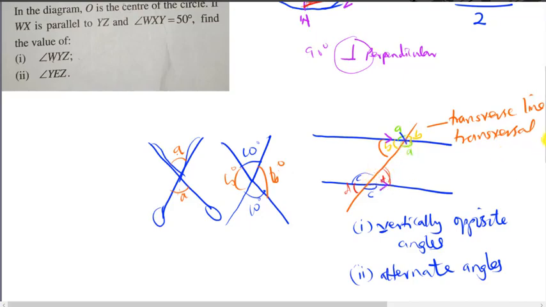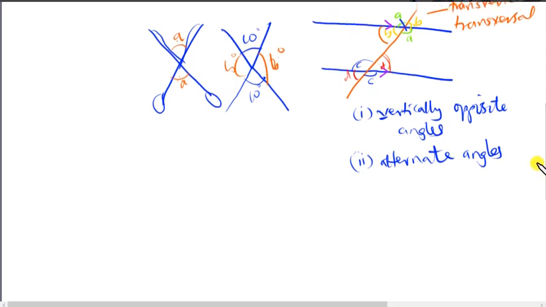We can remember alternate angles by using the letter Z. It is as simple as that. Alternate angles happen around a shape which resembles the letter Z. So if the angle here is say 10 degrees, then it is the same as the angle found down here, that is 10 degrees.